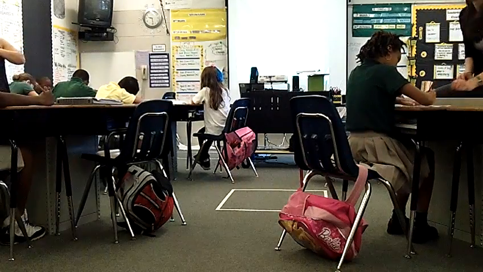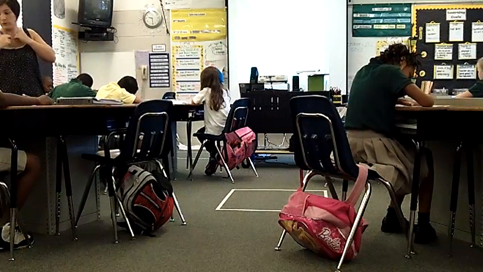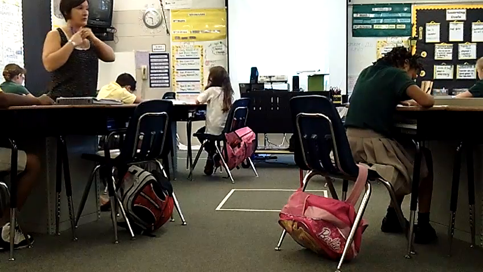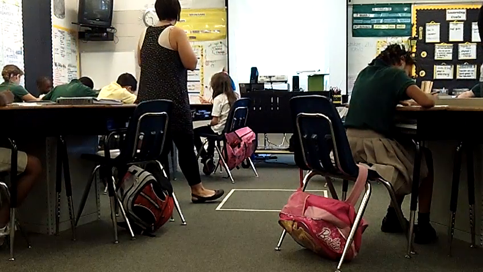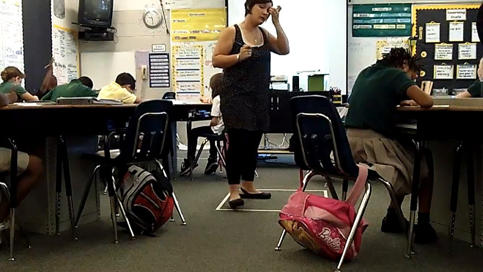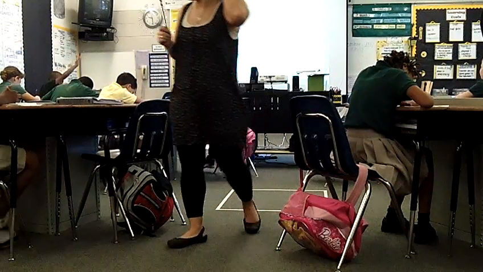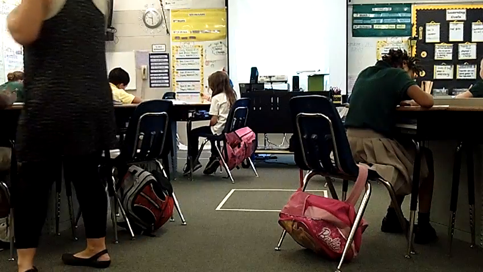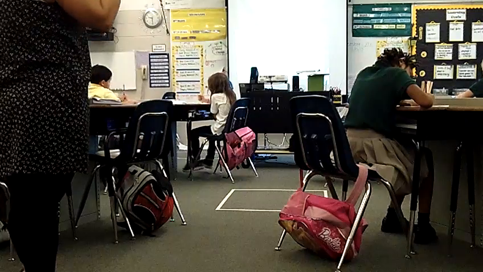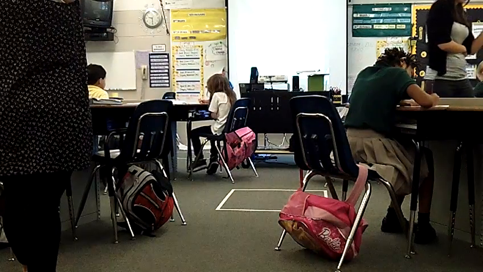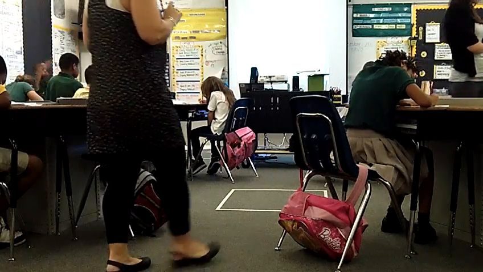So let's try it again. Now just write what the multiplication they're asking you to do is. Well, we have 5 groups of 4. So how many times would you jump in 5 groups? 5. And how many times would you jump in that group? 4. So can you show me that?